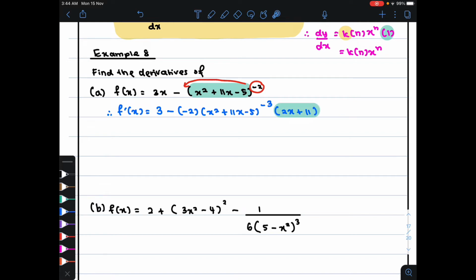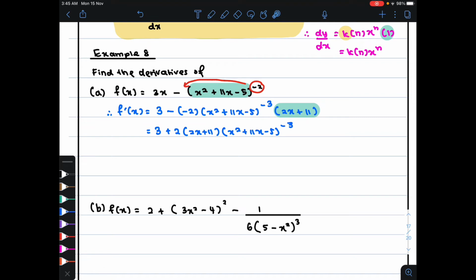So let's simplify everything. The first term is just 3. Next, we have this term here. Negative times negative 2 is positive 2. So let's bring this one to the front. And then we have (x squared plus 11x minus 5) to the power of negative 3.